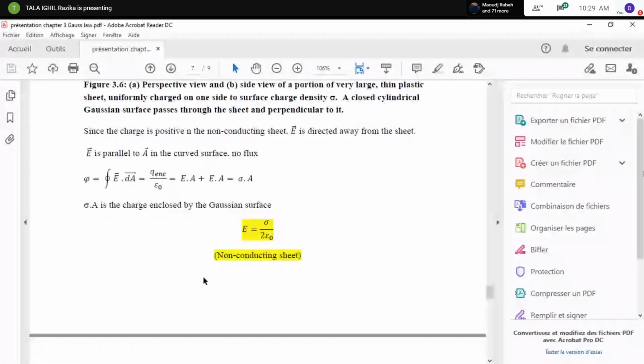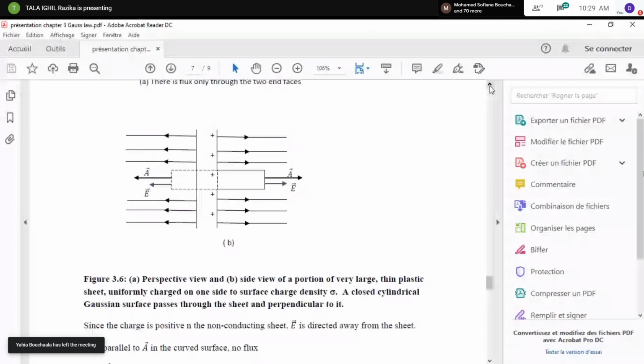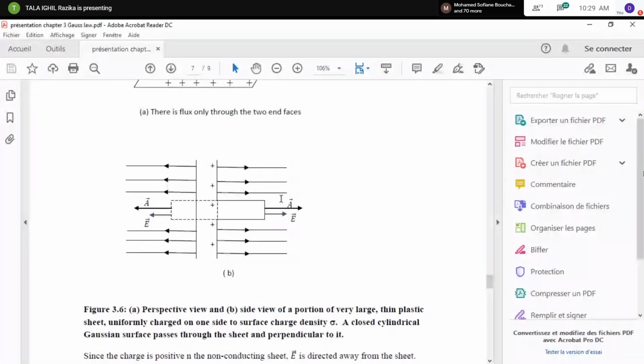There is a question from a student asking about the cylindrical symmetry. As I said, if we have a plate, we must take a closed surface, and the closed surface will be a cylinder. Then when you take your closed surface, you will consider just the charge which is inside.